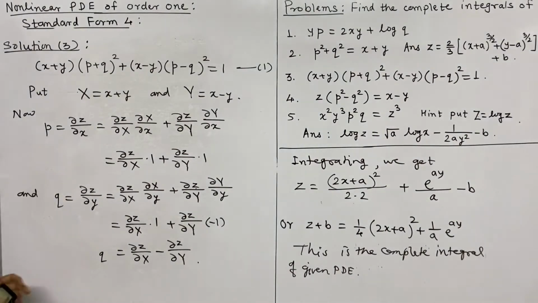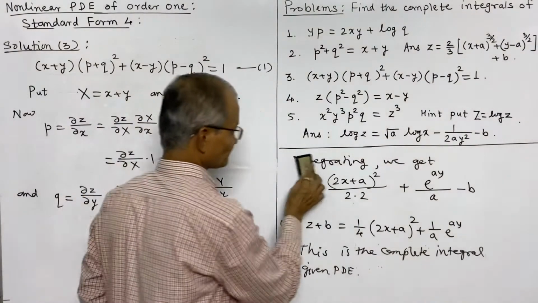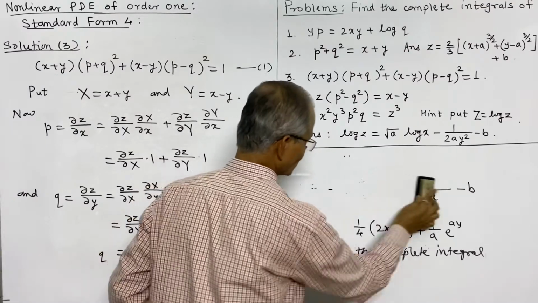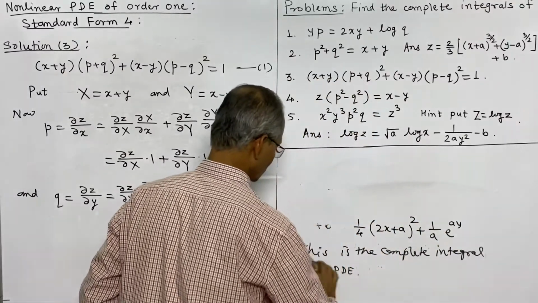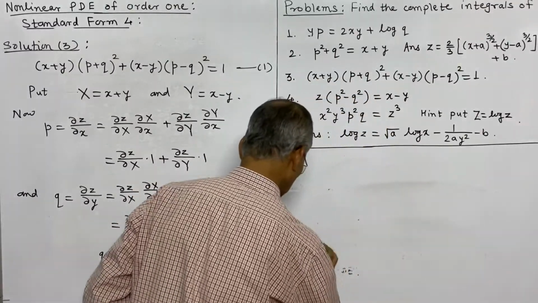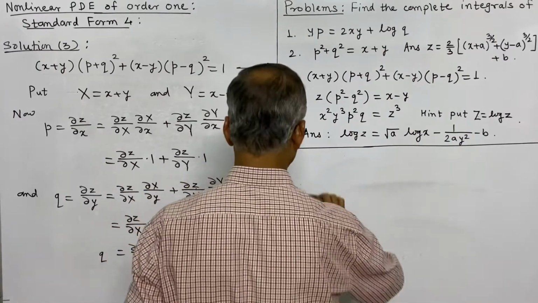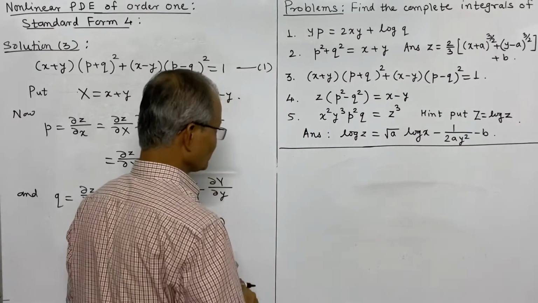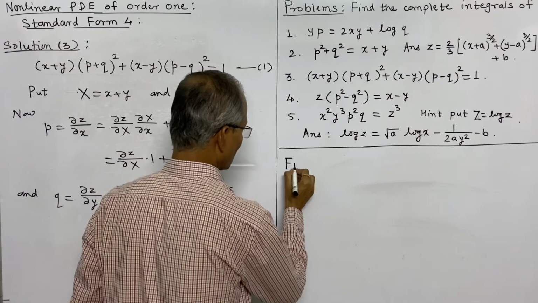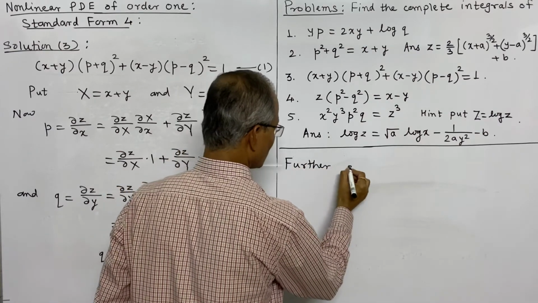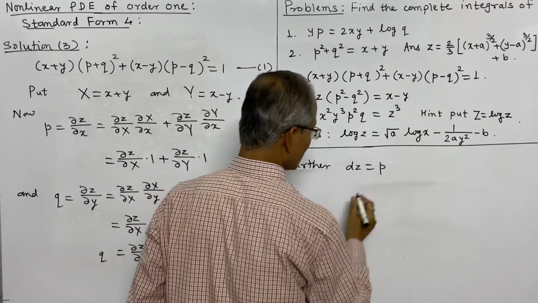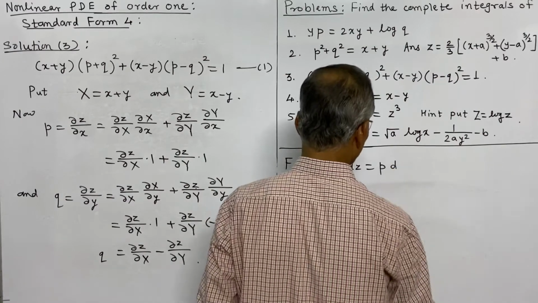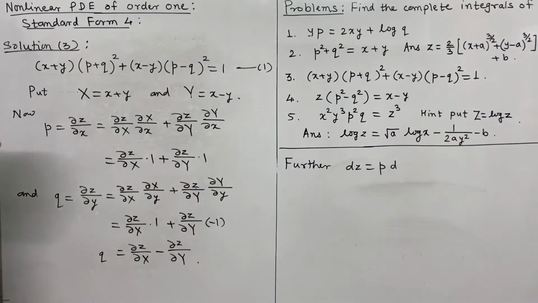Now we write as usual what is our dz. dz we have is p dx plus q dy.